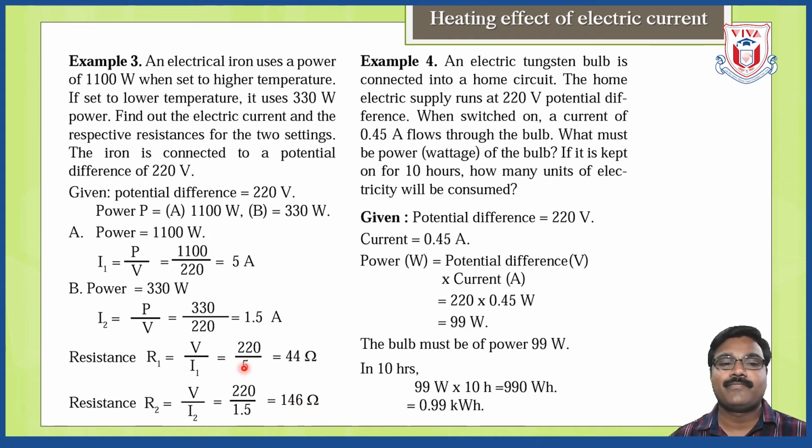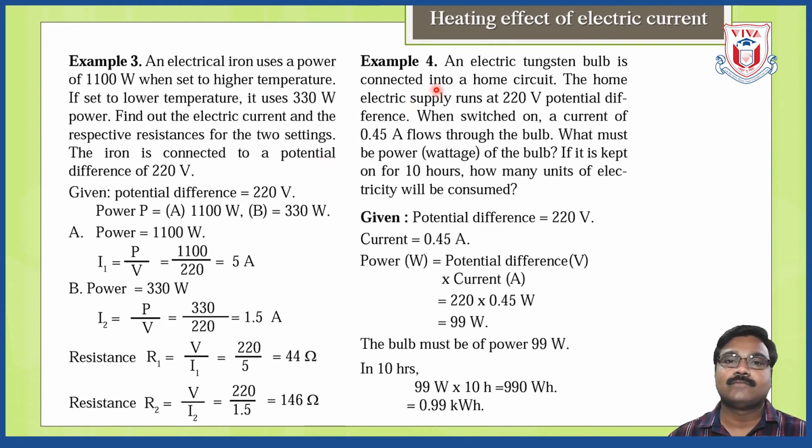That means for more power the resistance is less, and to apply low power, that means low temperature, we have to keep resistance high so that I2 will be lowered.